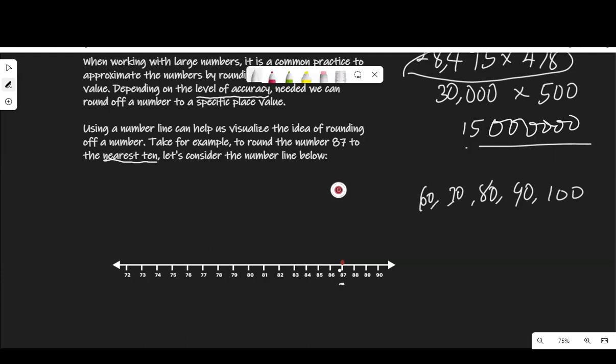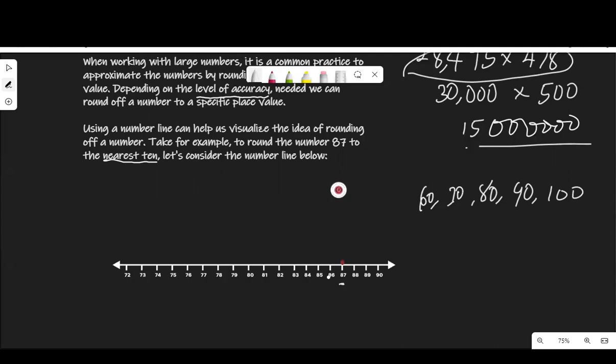So if you look at this number line, which 10 is closest to 87? The next 10 to it is 90. And how many places do I need to count before I get to 90? 1, 2, 3. On the other hand, the 10 that comes before 87 is 80 itself.